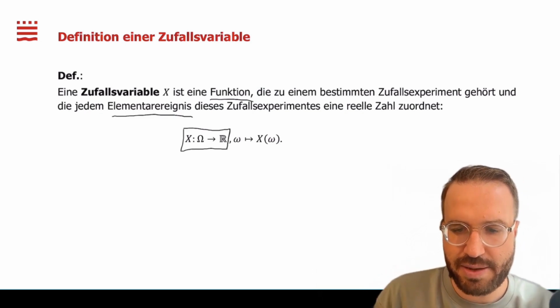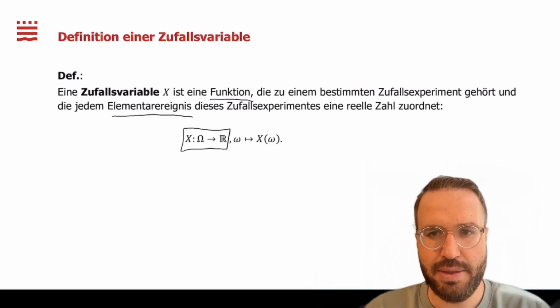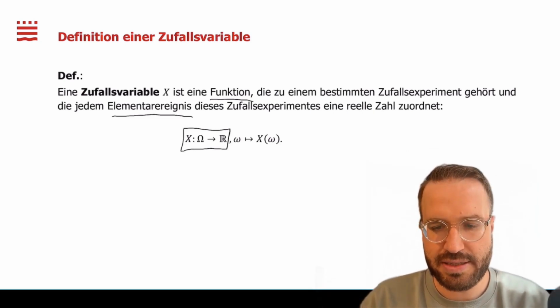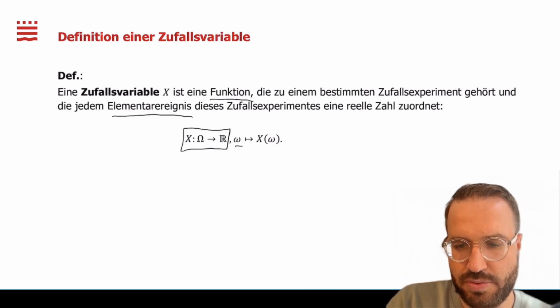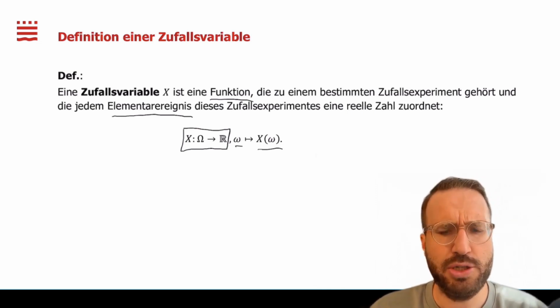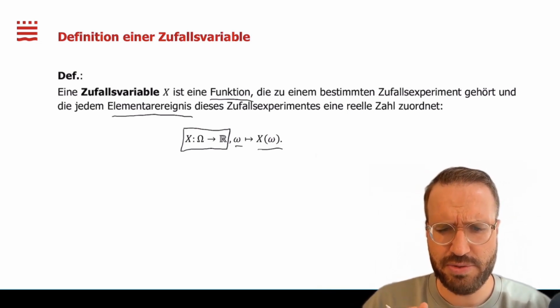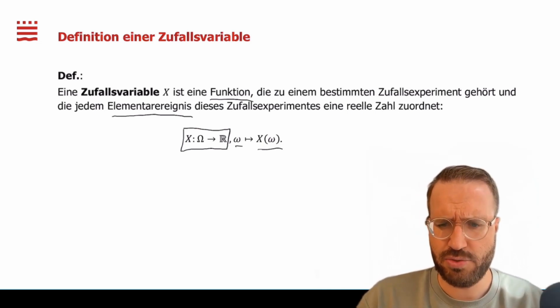That is, we have a function that maps from omega to R, and then we write that little omega is mapped to X(omega). And that's a bit strange now, because before we said a random variable can be the sum of two dice rolls.